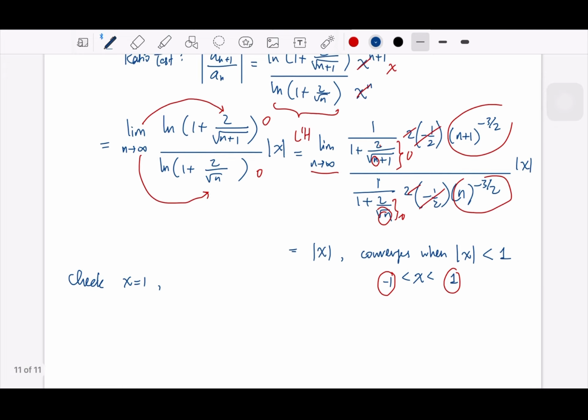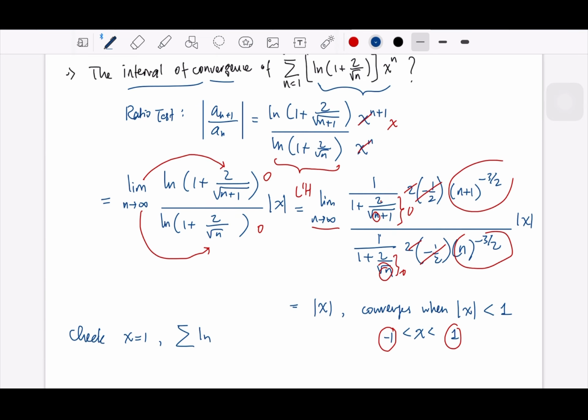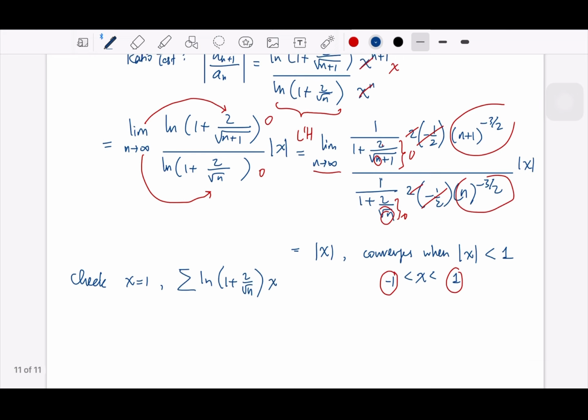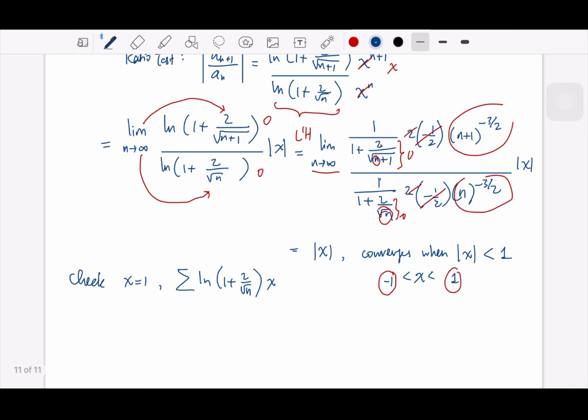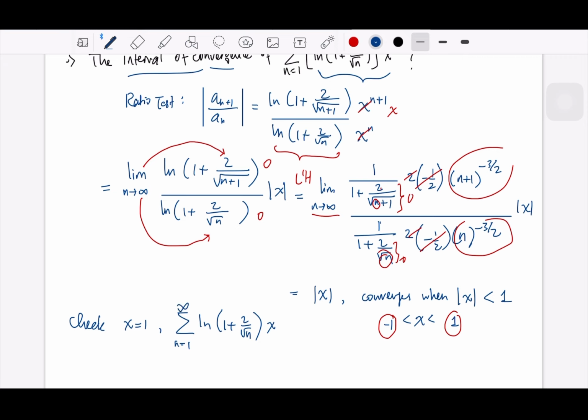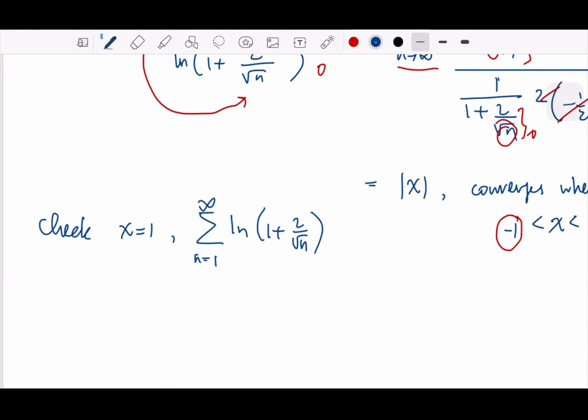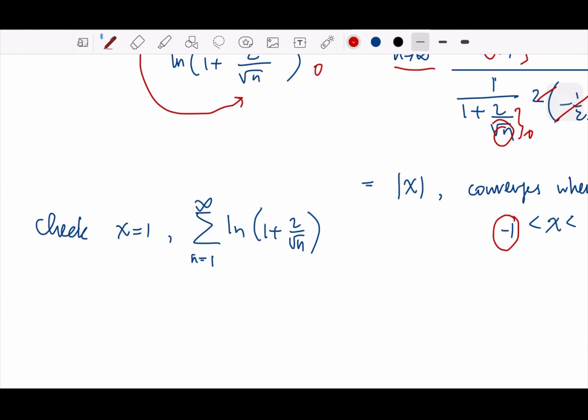So the series will be ln. So what will happen with this? The series is divergent, right?